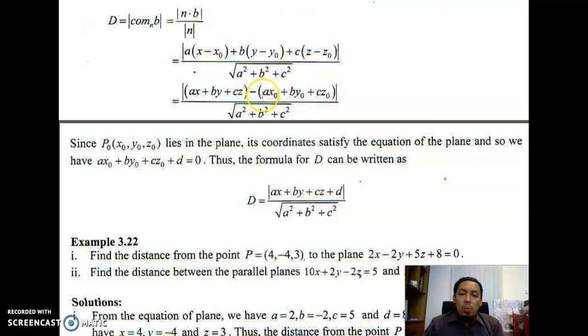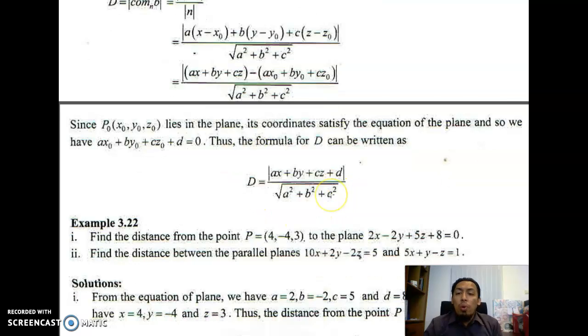If we move D to the right-hand side, we get negative D. So we get AX plus BY plus CZ minus negative D, or AX plus BY plus CZ plus D, over this. This is how we get the formula.